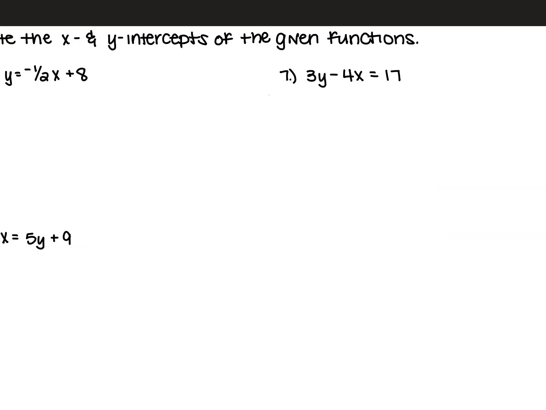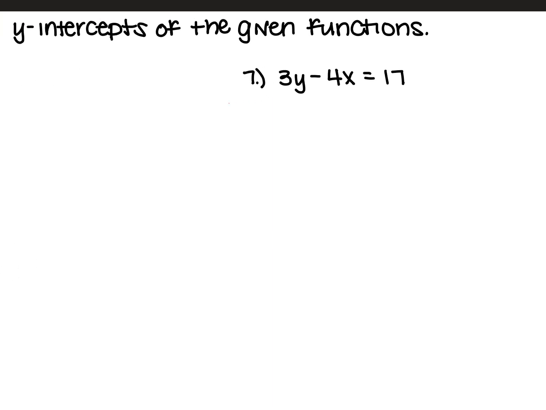So the next one that we're going to look at tells you to state the x and y intercepts of the given functions. For number 7, you're given the equation 3y minus 4x is equal to 17. For this one, we're going to first find your x-intercept. So when we find the x-intercept, we plug in 0 for y.